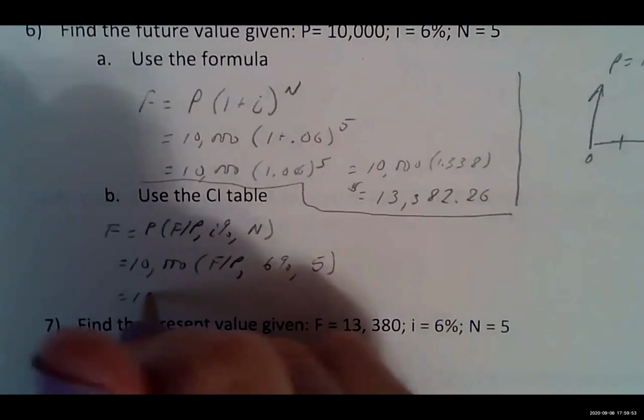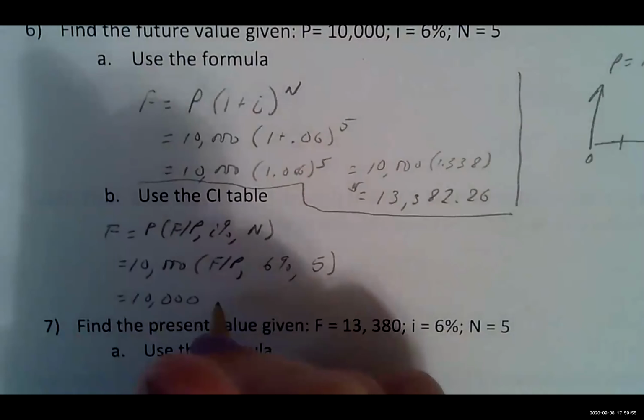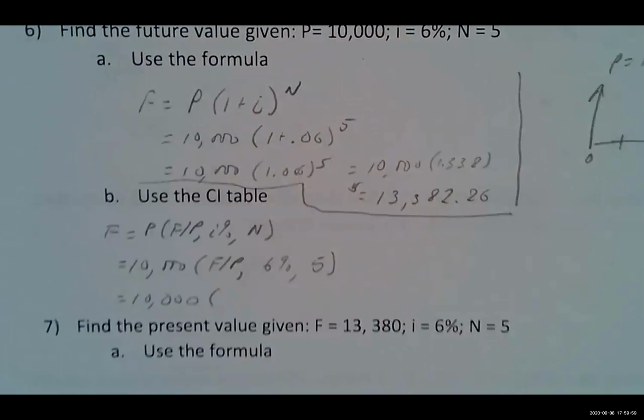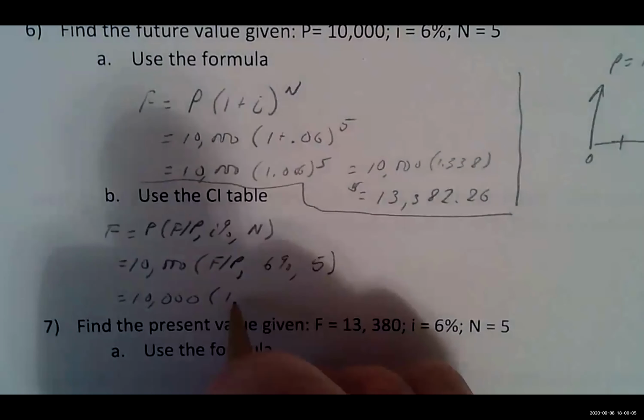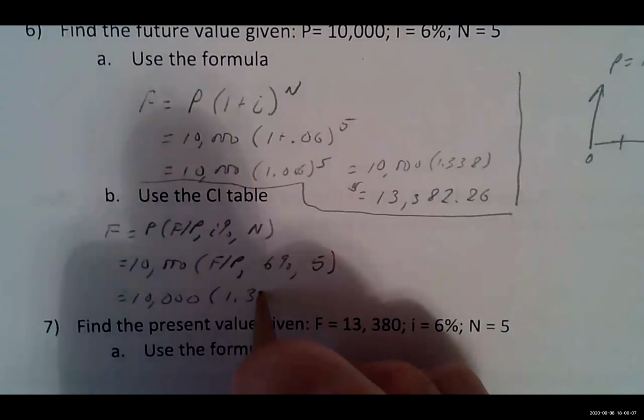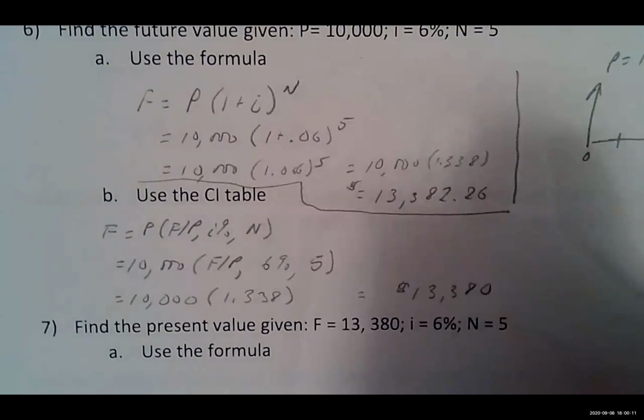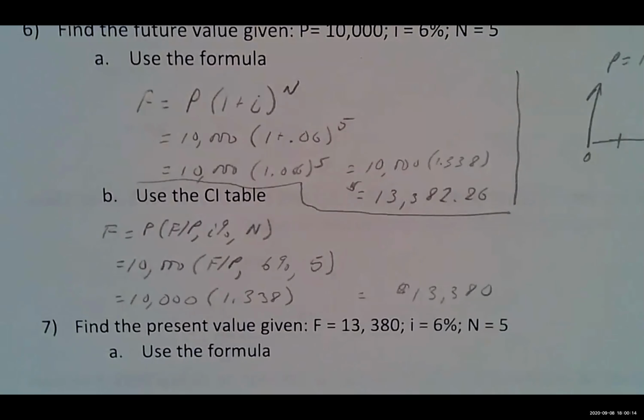You look on your table and you will see that that's 10,000 times 3.8. I have 13,380. Very much the same answer, whether I use the formula or I use the compound interest table.